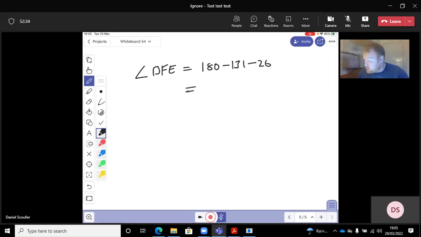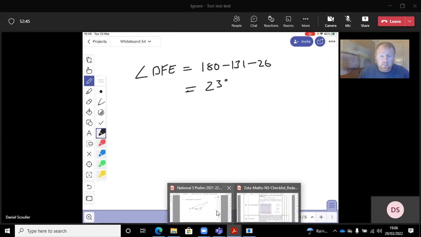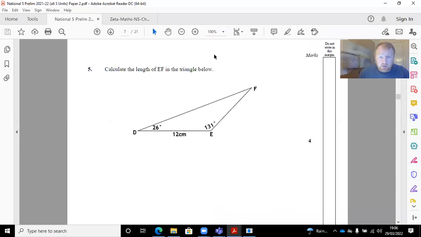Sticking that in your calculator, 23 degrees. So very quickly, very easily, we can find out that the angle in there is 23 degrees. And that means we've got a matching pair. We've now got a missing side and a matching pair, so we can use the sine rule.